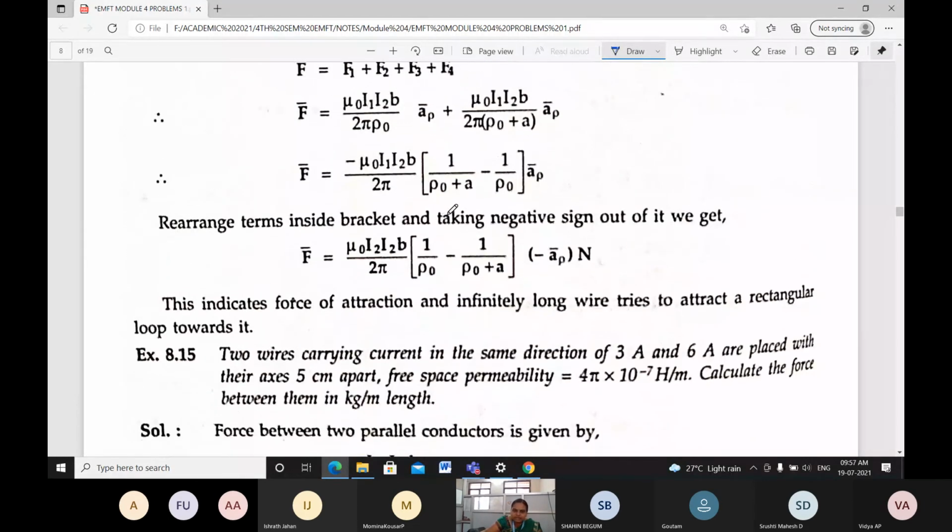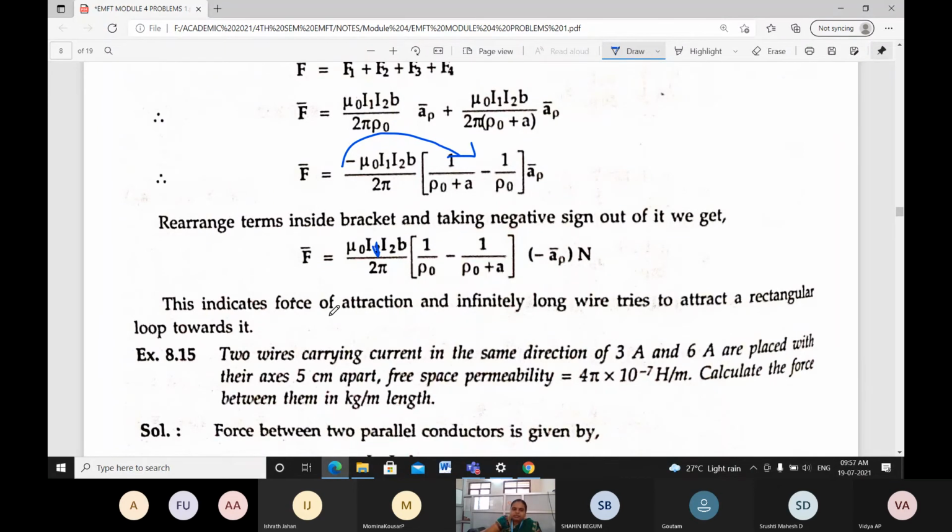Therefore, taking this minus sign and multiplying here, we get F as mu naught I1 I2 B divided by 2 pi, 1 by rho naught minus 1 by rho naught plus A, into a rho, in terms of newtons.